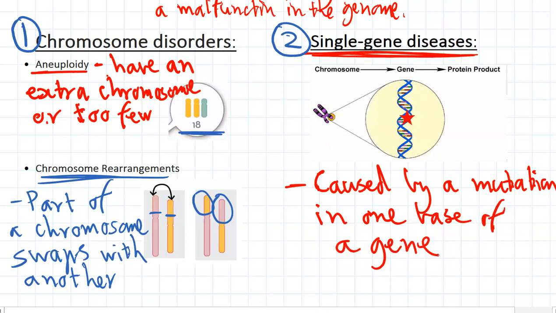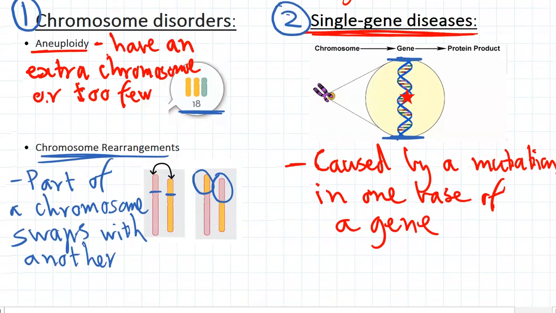So you can see up here, within the chromosome, there's one gene that is the code for one protein, and mutations can happen, which means one base gets swapped for another. There's lots of ways this can happen. But because a gene is the instructions for making a protein, if those instructions have an error, then that protein can become faulty. And that's how these diseases actually form in a person. So it leads to a malfunctioning protein.